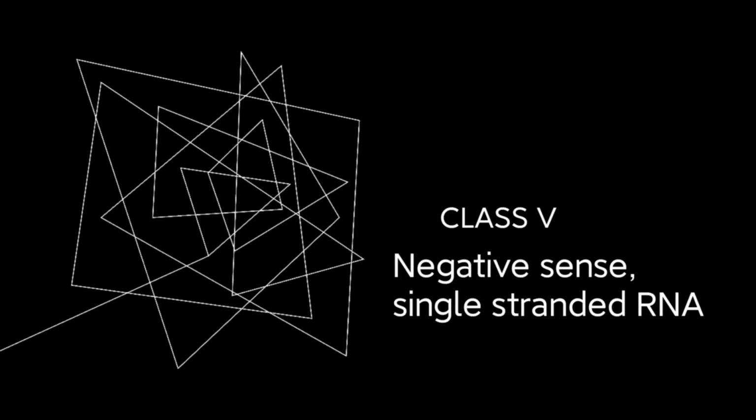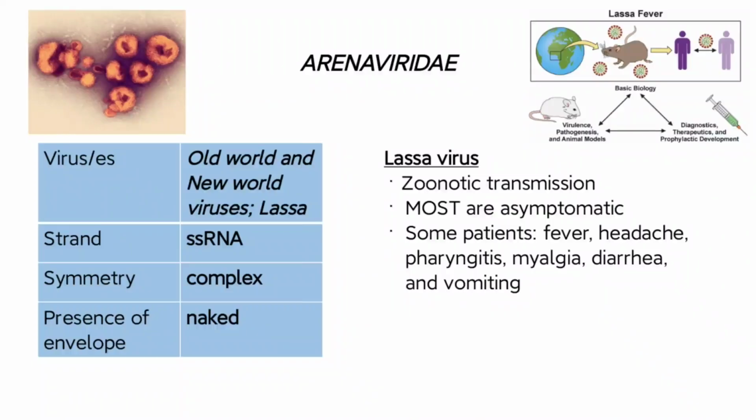Next, we have the class 5, the negative sense single-stranded RNA. The first one, we have the Arenaviridae. Okay? So, ang viruses dito, we have the Old World and the New World viruses. Pero ang pinaka-significant of all of this is the Lassa virus. Okay? So, single-stranded RNA. Symmetry, it is complex, and then may envelope, wala, naked.